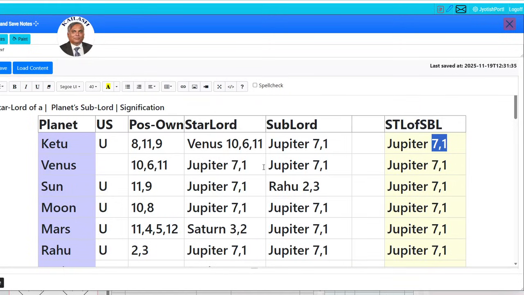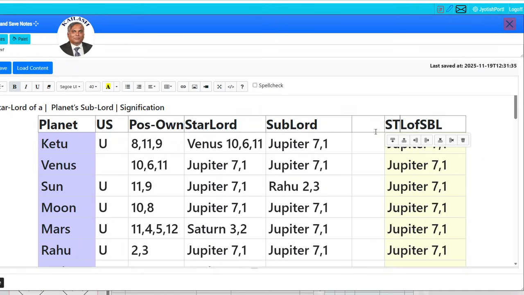So this is how this table is constructed. The idea is that within KP astrology, even Professor K.S. Krishnamurti has in many places made use of the star lord of sublord. There are certain, I would say, inconsistencies in Krishnamurti Paddhati.